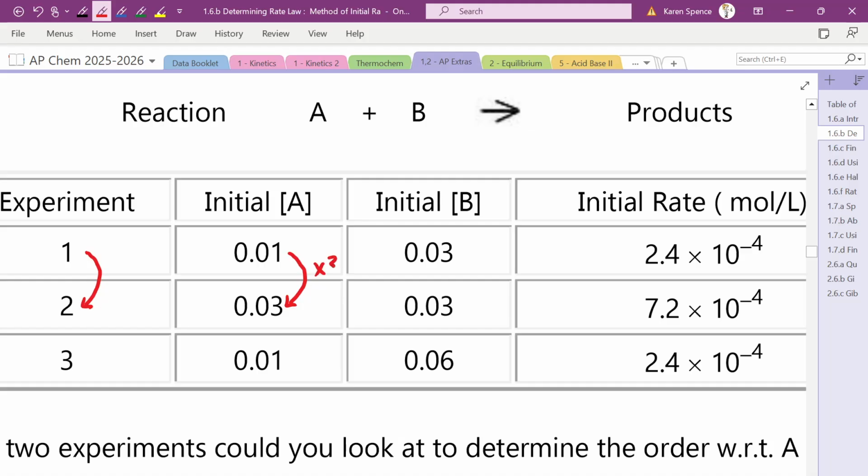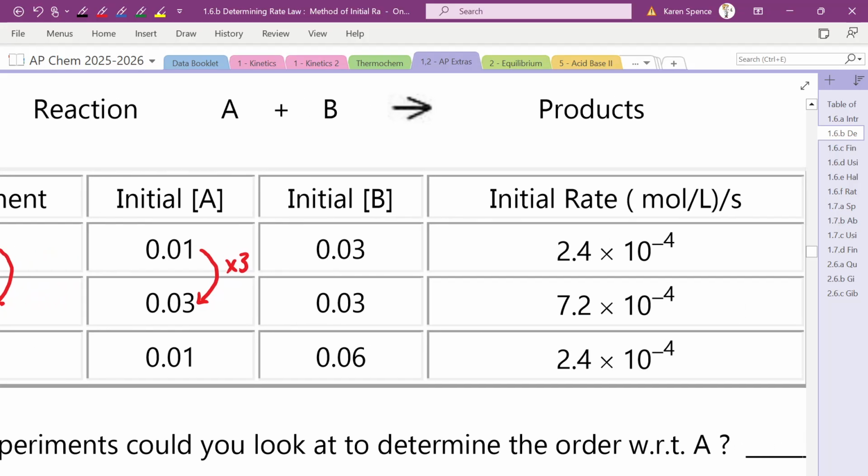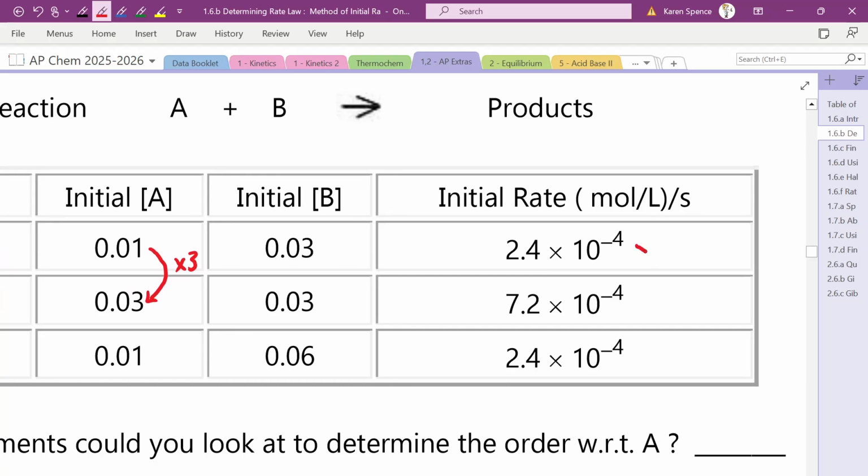Multiplying by 3. And when I multiply by 3, what happened to my initial rate? 72 divided by 24 is 3. Oh, so what order are we with respect to A? 1.